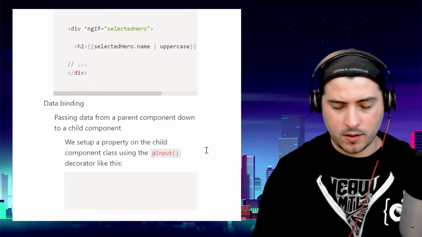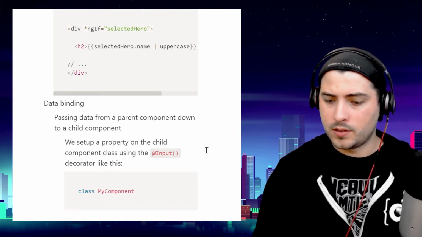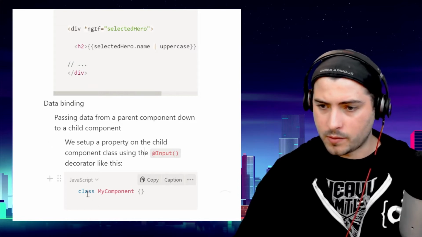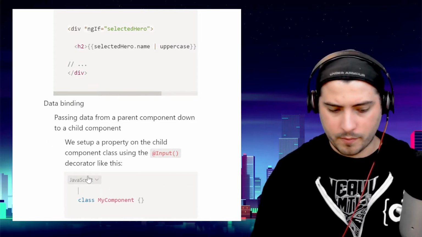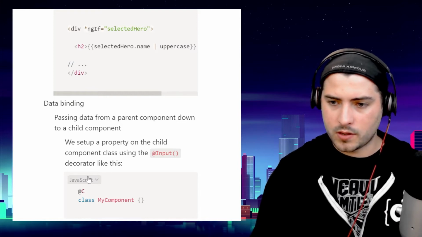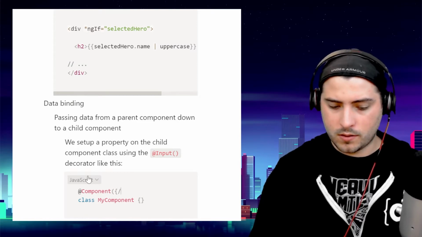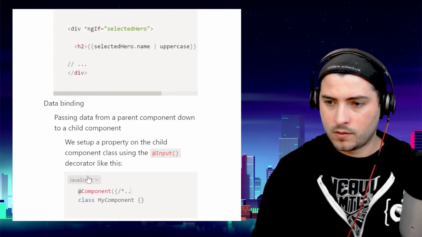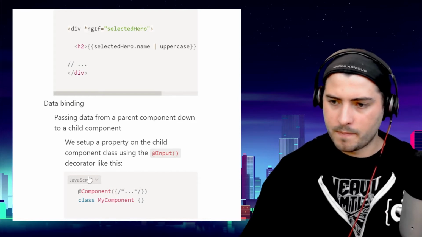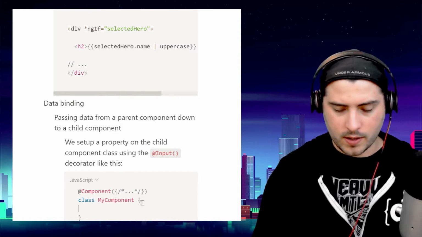It would be like you had class MyComponent, which obviously would be decorated with that component decorator. Just for the sake of completeness, we'll say component, and there would be your component metadata in there. And then inside your class, that's where you'd have your input decorators.